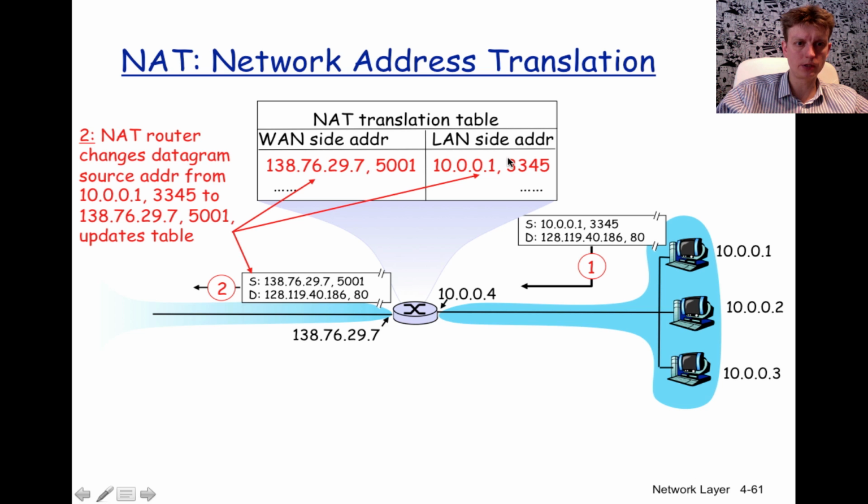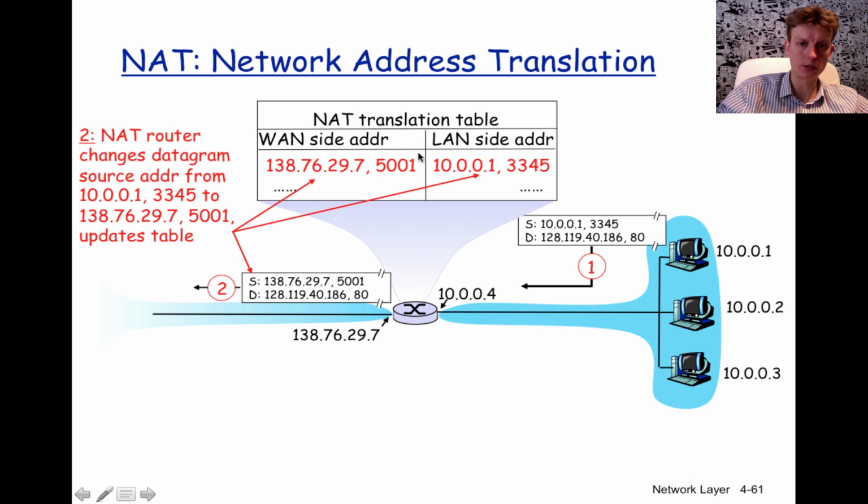The network address translation router would change the source address in the outgoing datagram to the public IP address, and also it will insert a record inside its address translation table, which tells that a datagram with this source address 10.0.0.1 and this original source port number was changed to this address and this new port number.